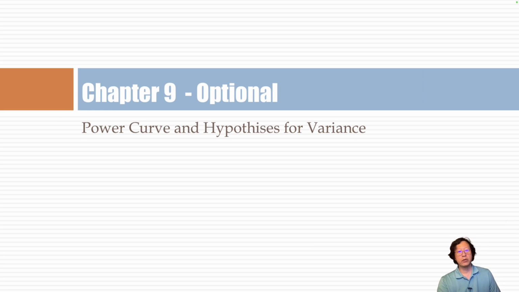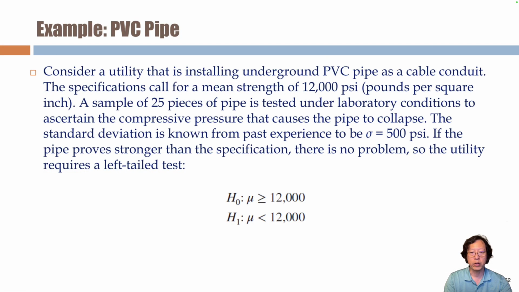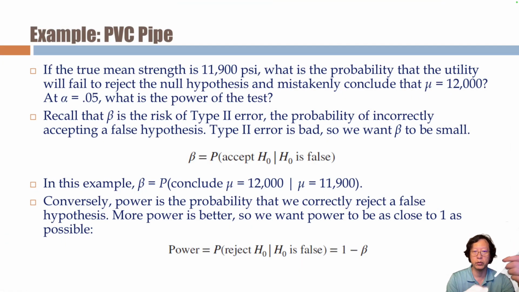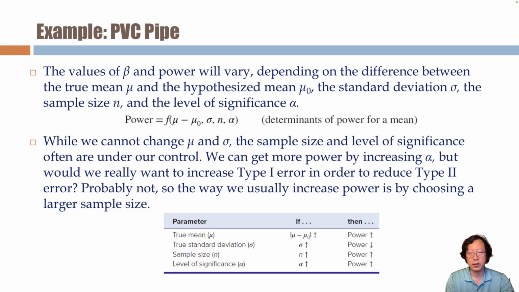From now on, this is optional, so I will just skip it, but this is about how we can see the power curve. You can calculate the power, not only under the null hypothesis, but by assuming what the true mean is. If the true mean is given, you can calculate the power, and you want to have high power.